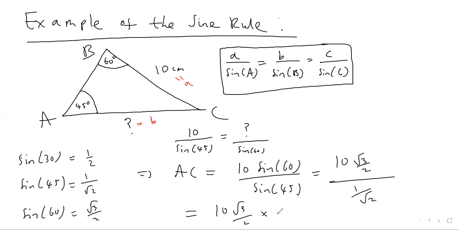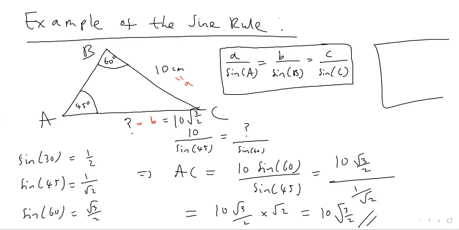And so root 2 divided by 2 is actually just going to be 1 over root 2 again. So we're just going to get 10 multiplied by the square root of 3 over 2. And that would be our final answer. So this missing length there would be 10 square root 3 over 2.